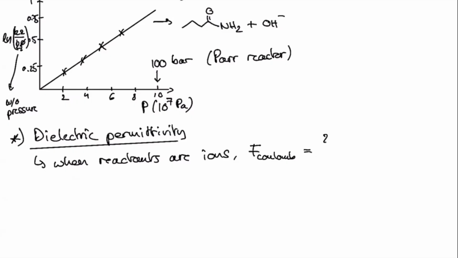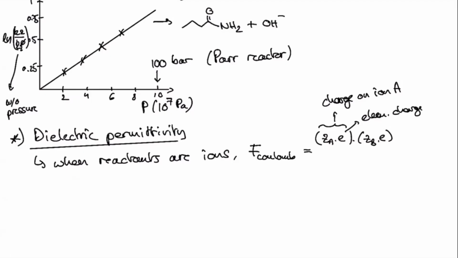Which is z_A z_B times e squared, where z is the charge number on the ion, like -1, 1, 2, and e is the elementary charge, divided by 4 times pi times epsilon naught times epsilon r times r squared.